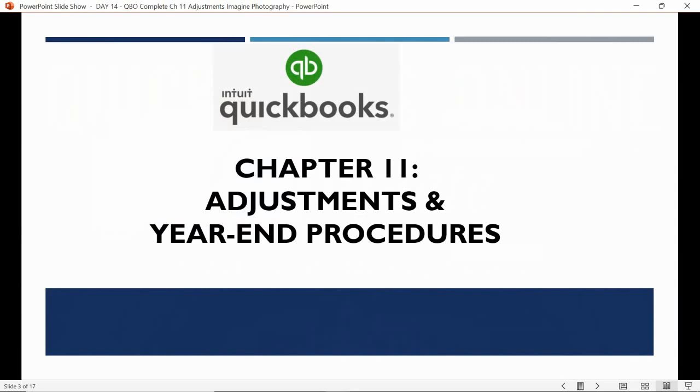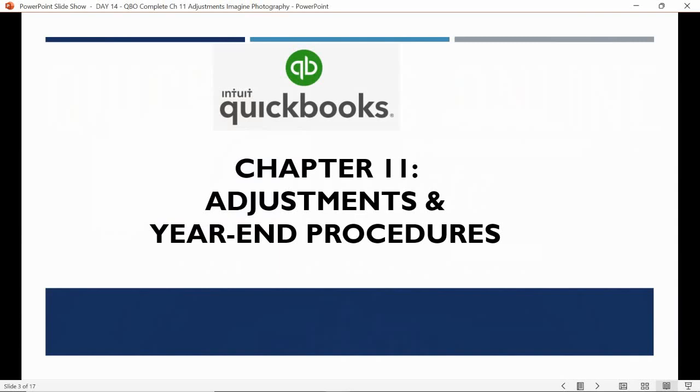Because we're looking at making adjustments, which typically happen at the end of a given accounting period, okay? So whether it's daily, weekly, monthly, or yearly, whatever period or time frame you choose to close your books out, meaning you're wrapping up the books for a certain accounting period, right?